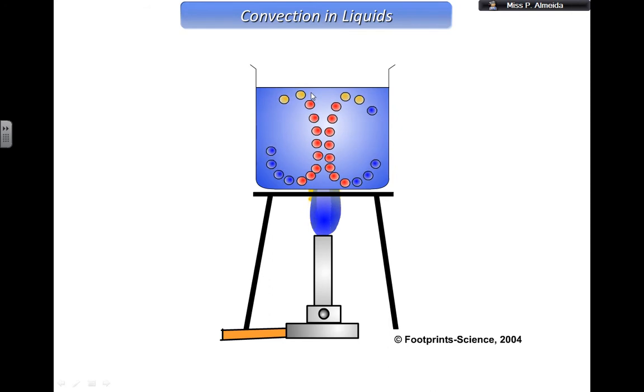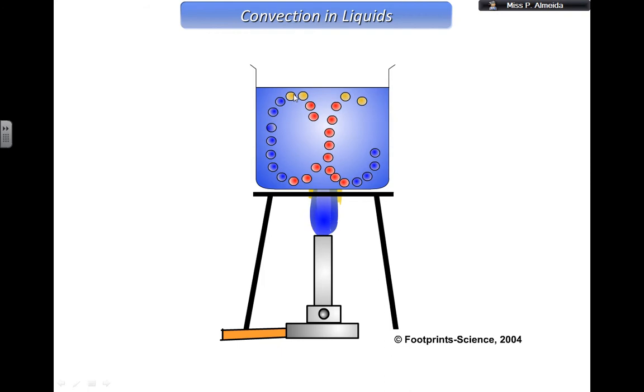Now, when they get to the top, they are far away from the heat source, so they start to cool down because they are losing energy, so the particles start getting closer together. Now, if they are getting closer together, then the density, which is the mass over volume, so the amount of particles in a certain volume, is going to increase, sorry.